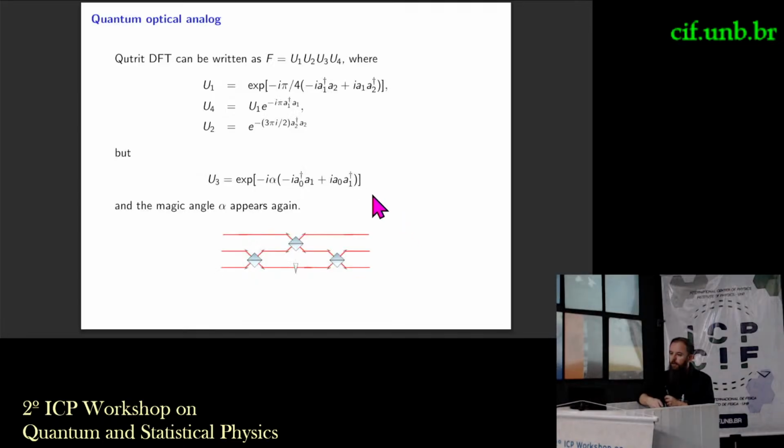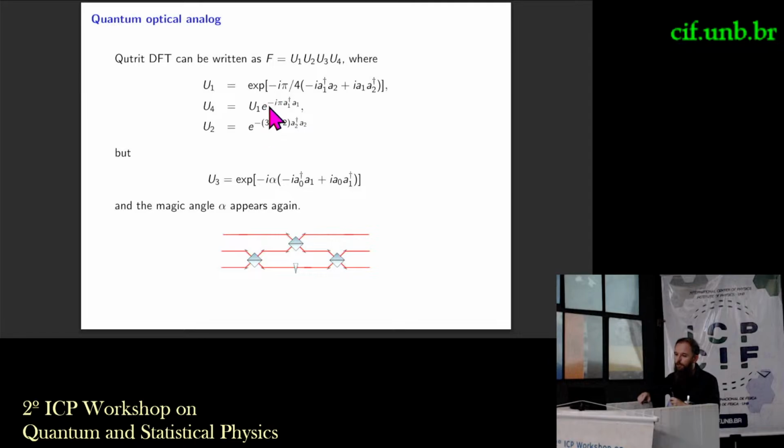The Q-trit DFT, the Fourier transform, I can decompose in this way, as the product of four unitaries.